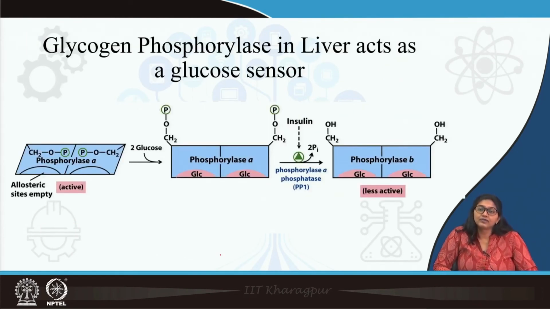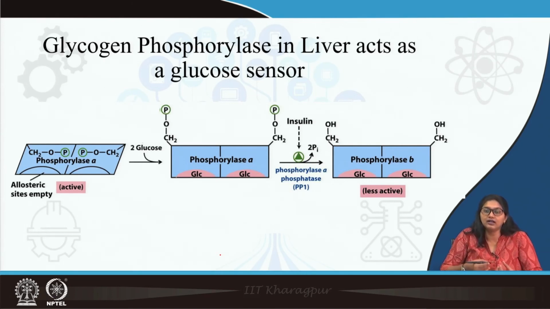Basically, when there is glycogen breakdown, that means there is a low blood glucose level, and that has been sensed by glucagon. Glucagon activates glycogen phosphorylase, which starts to break the glycogen molecules.